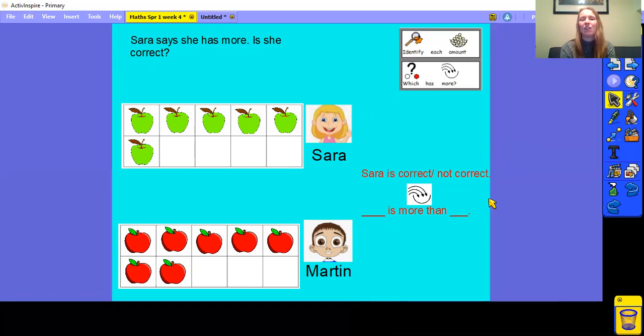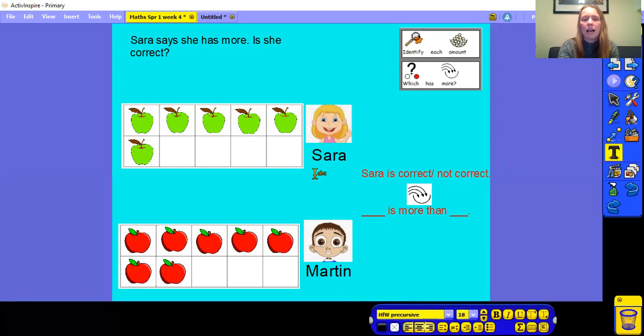Okay, now let's have a look at it together. Let's find out how many apples Sarah has first. 1, 2, 3, 4, 5, 6. Sarah has 6 apples.